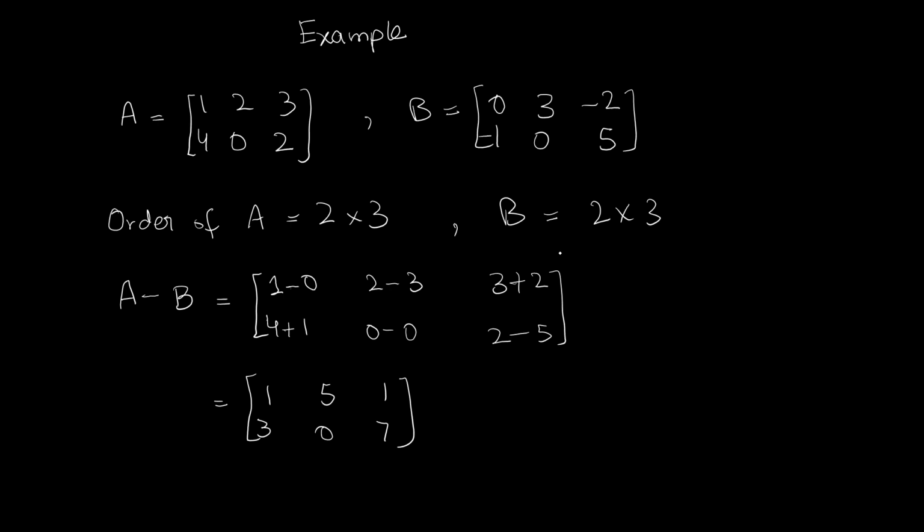Now we have plus signs in these two positions because the signs were negative. So 3 minus minus 2 is actually 3 plus 2, and the same is the case for 4 minus minus 1.